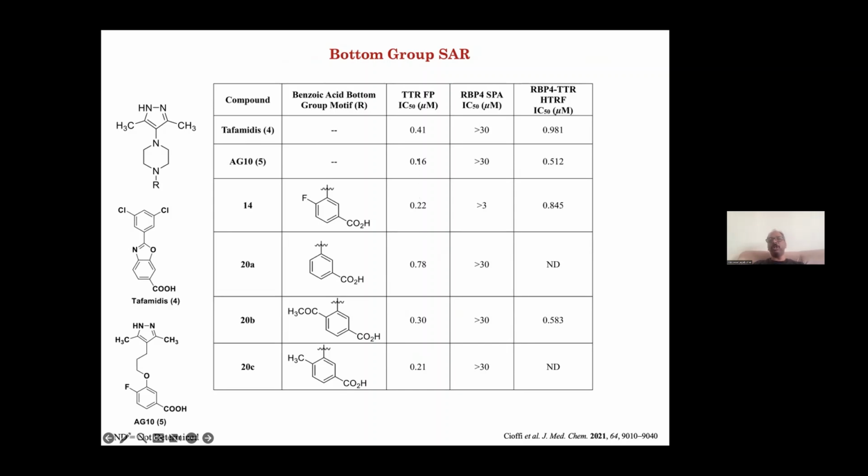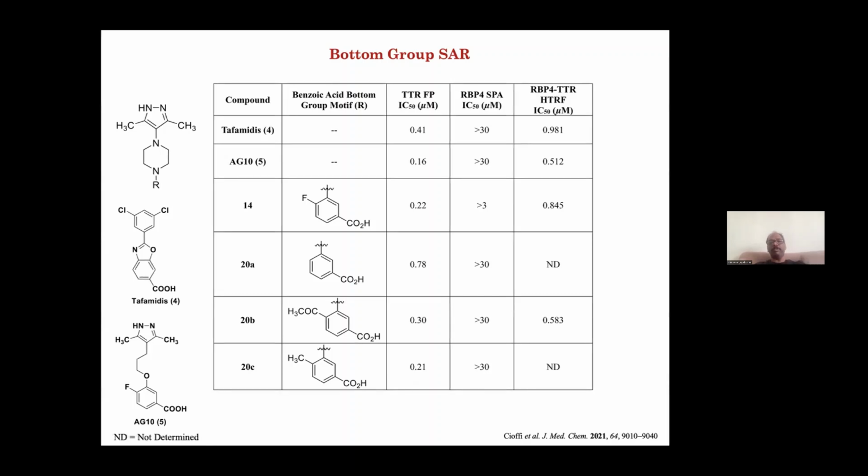The thing to be noted is that these are all active in TTR, but they are not active at RBP4, meaning that it doesn't prevent the formation of RBP4 itself, but it could prevent the formation of the RBP4-TTR complex. That is denoted in the IC50 values. Here you can see tafamidis is 980 nanomolar, and our compound is around 845 nanomolar.